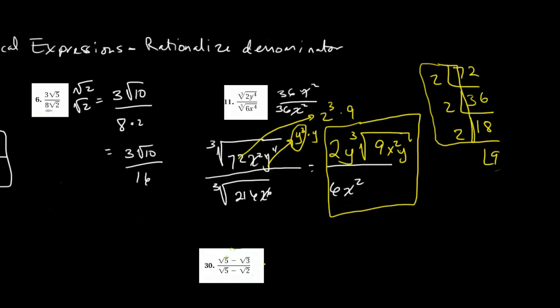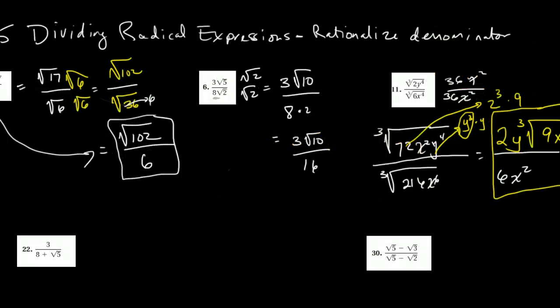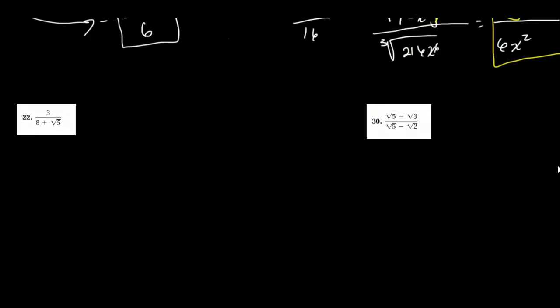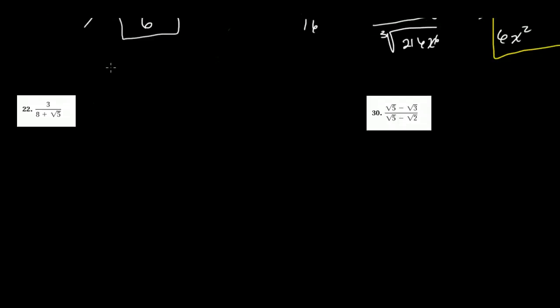Let's try a couple more. Number 22 says 3 over 8 plus the square root of 5. And here, again, if you watch the last video, you saw that we did radical conjugates. So the radical conjugate of 8 plus radical 5 is 8 minus radical 5.